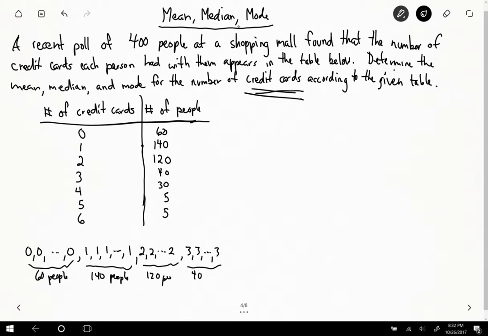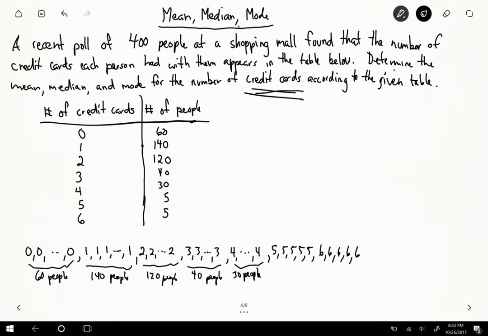So 120 people, here's 40 people, and the 4s are 30 people. By the way, the dot, dot, dot means we're just getting to that number of people in between, with all 3s here, all 4s here, all 2s here, and so on. I can write out the 5s and 6s: 1, 2, 3, 4, 5, and then 1, 2, 3, 4, 5 of the 6s. That's what your data set looks like.